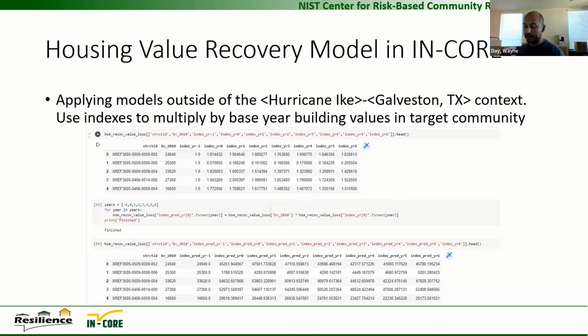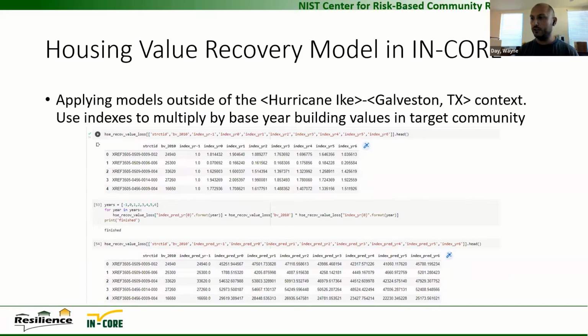And so we get an estimated change in building value per parcel from the model. We get those building value predictions, and we convert them to an index, because remember, the model is calibrated for Hurricane Ike and Galveston, which is going to have much lower property values than, say, Miami or San Francisco.